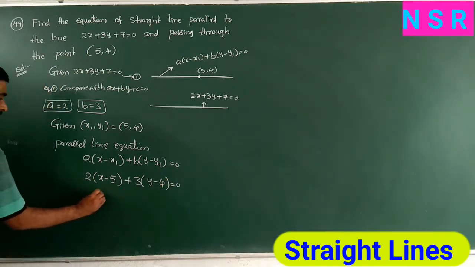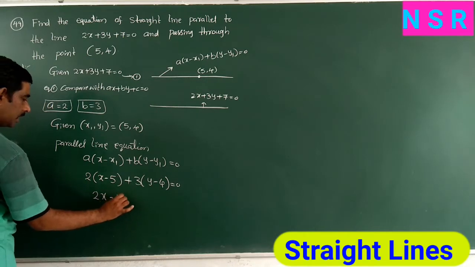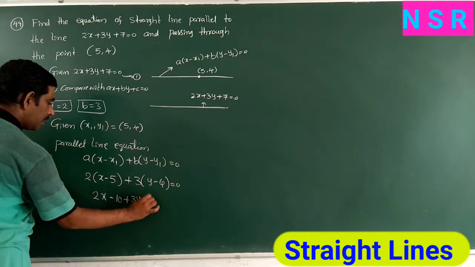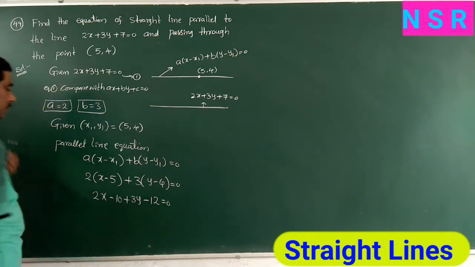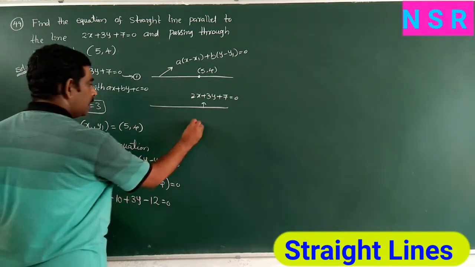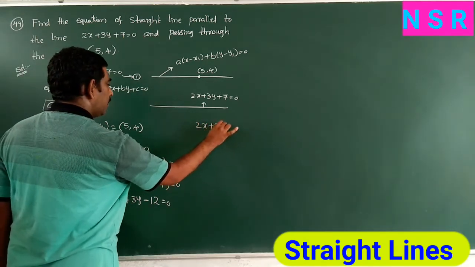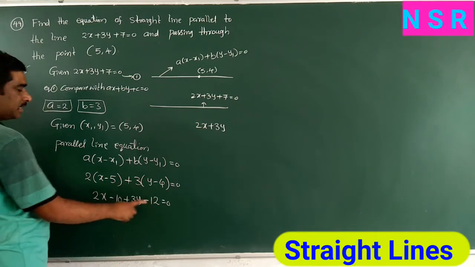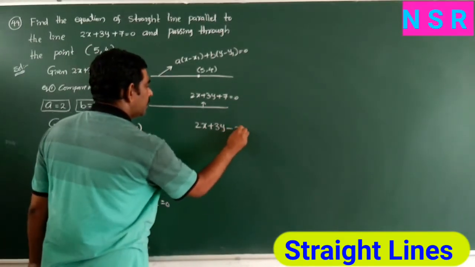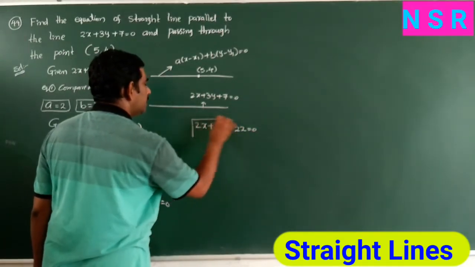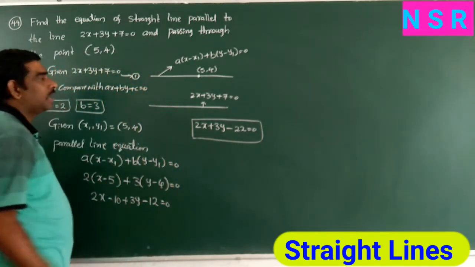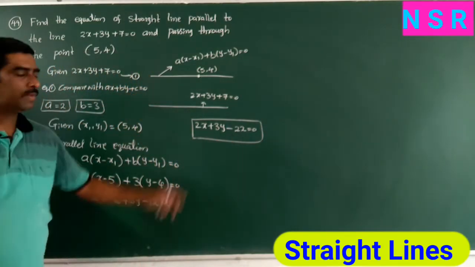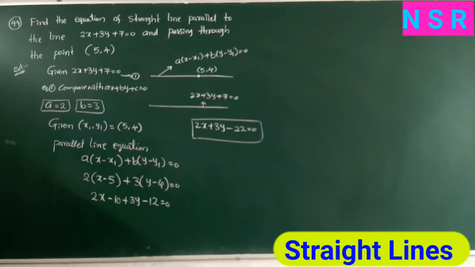So 2x minus 2 times 5 is 10, 3y minus 3 times 4 is 12, equal to 0. So we get 2x plus 3y minus 10 minus 12, minus 22 equal to 0. So this is our required parallel line equation: 2x plus 3y minus 22 equal to 0.